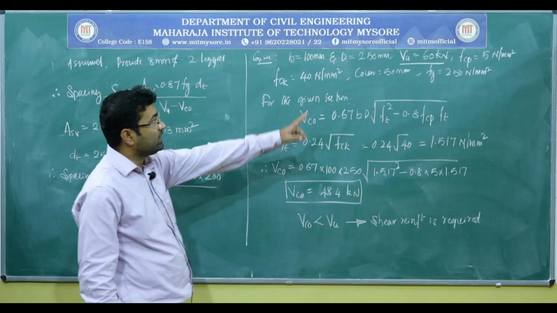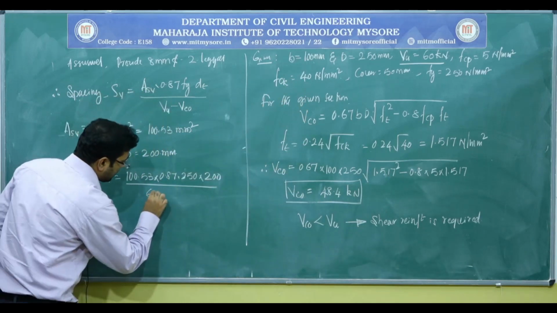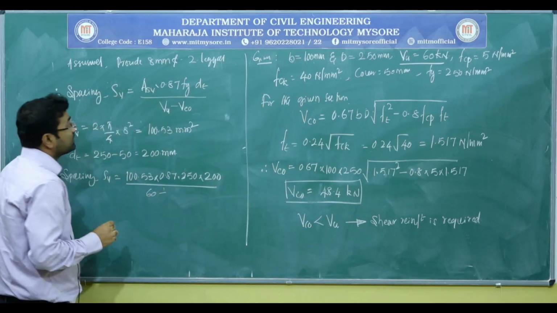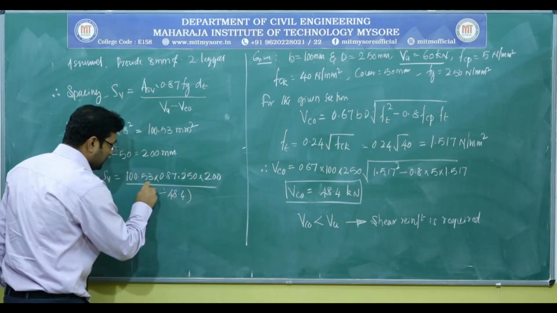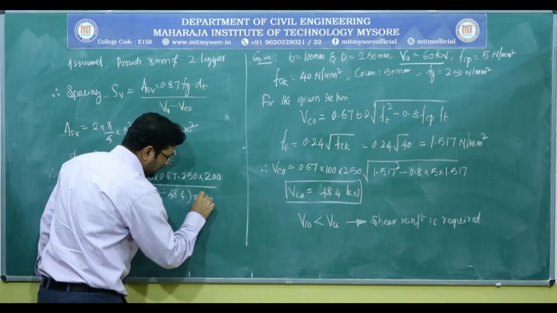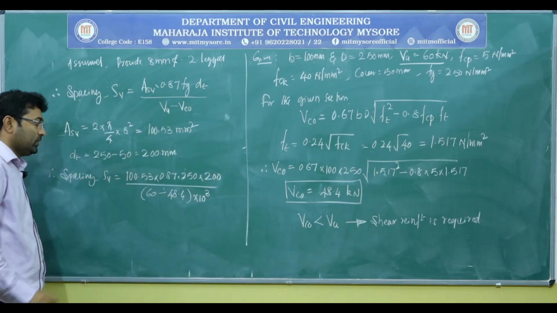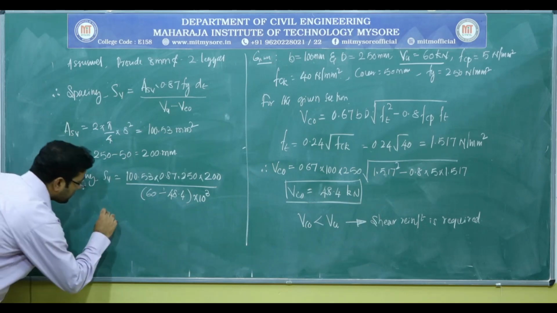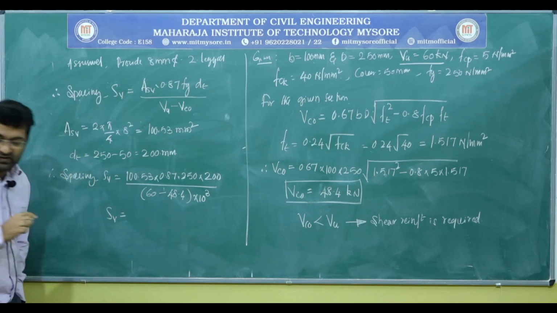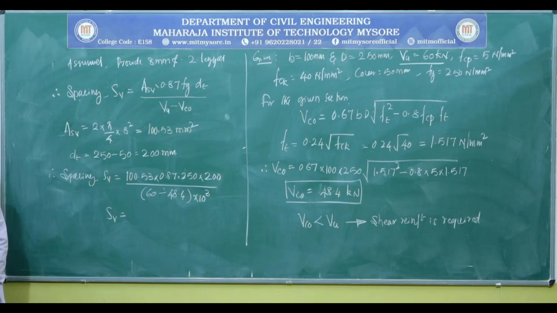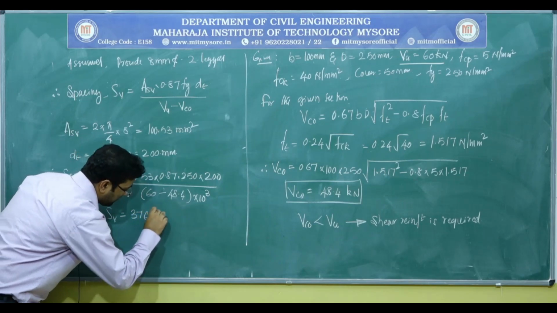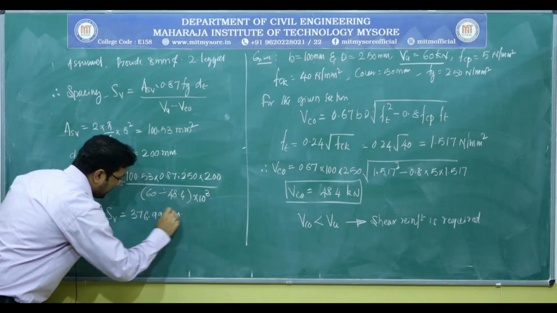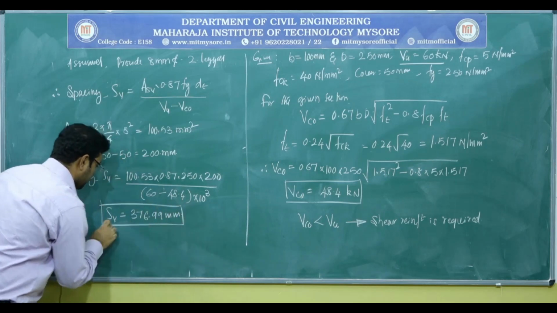VU is 60 minus VCO 48.4, in kilonewtons. So I will convert it into newtons by multiplying by 10 to the power of 3. So I will get SV, that is spacing, as 376.99 millimeter, which is the spacing required.